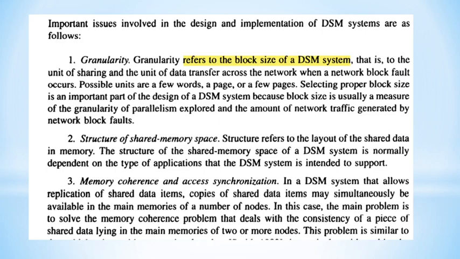So different nodes can access the multiple copies of shared data items simultaneously. The main problem in this case is memory coherence, which deals with the consistency and correctness of the particular piece of data we are going to share across the memories, and we need to take care of it.